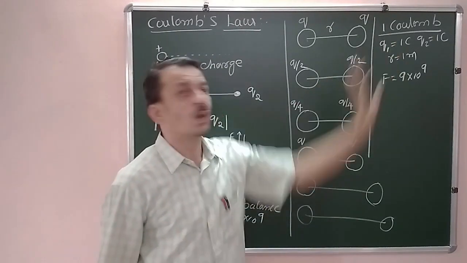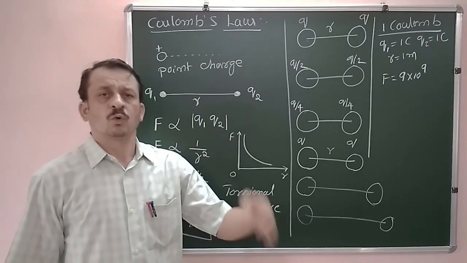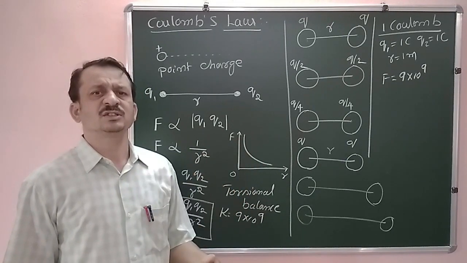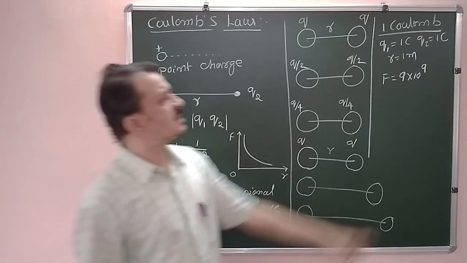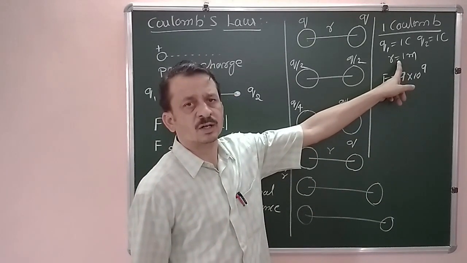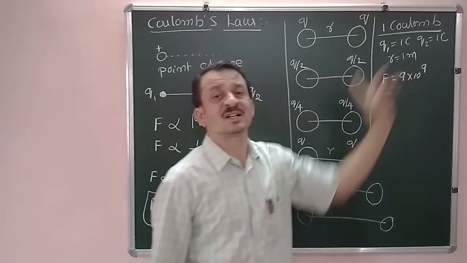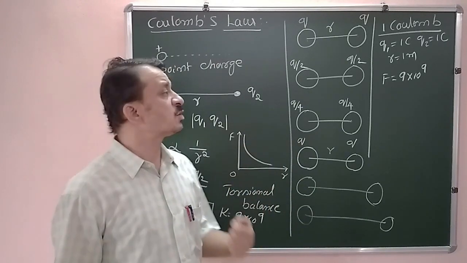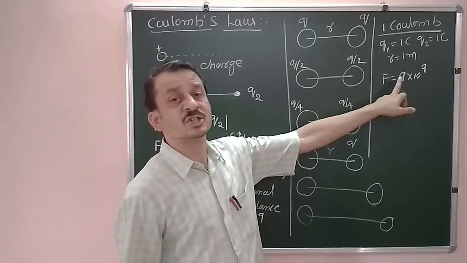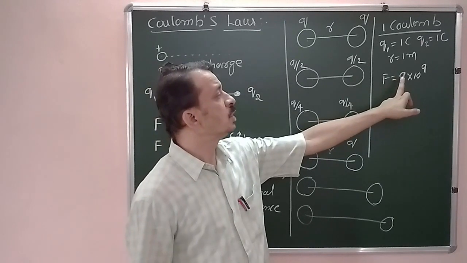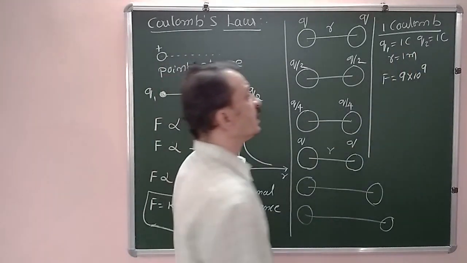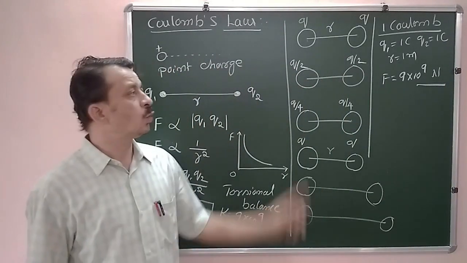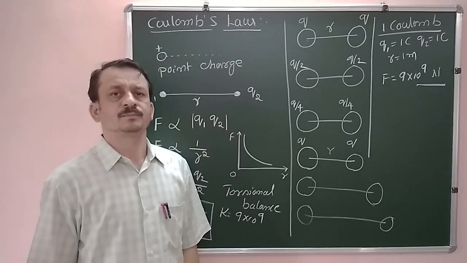Now we can define 1 coulomb. 1 coulomb is a charge which, when placed at a distance of 1 meter from a similar charge, experiences an electrostatic force of repulsion of magnitude 9 into 10 to the power of 9 Newton. That is the definition of 1 coulomb.